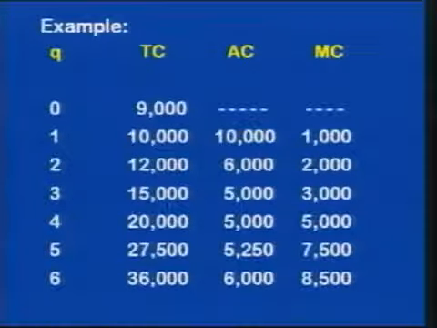Now I'm thinking of whether I should produce a second unit. So the extra money to produce a second unit is 2,000, right? Because it costs that much to produce 1 unit, and it costs that much in total to produce 2 units. So the difference tells you the extra cost for producing one extra unit.